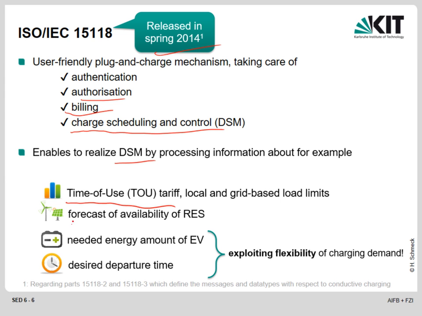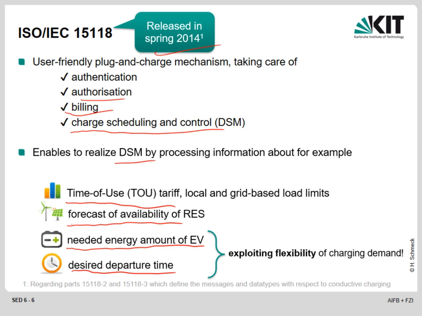You might have a forecast of availability of renewable energy systems, so you know at which time it is more favorable to charge. You have to know the needed energy amount of the electric vehicle. If it attaches its cable to your charging station, how much energy would it like to get? And what is the desired departure time?